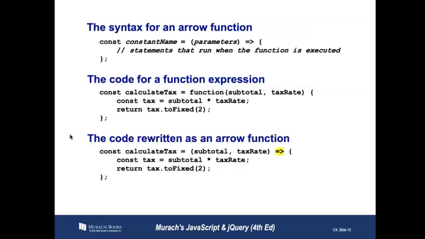Now, time for the ES6 arrow syntax. So this is a shorthand for the ES6 method of doing things. Now, ES6 means ECMAScript 2016, the last number 6 is why it's called ES6.